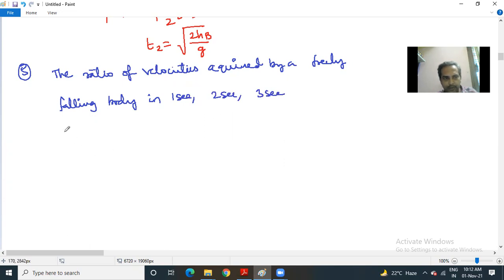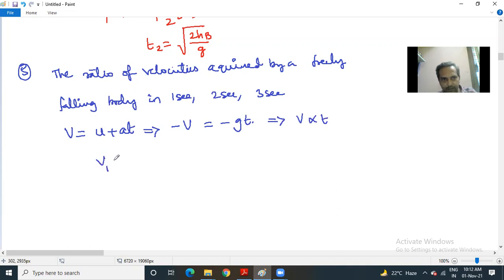So make use of v equal to u plus at. Since it is a freely falling body, u will be 0. v1 is equal to, since moving down v negative, a is anyhow permanently negative, g t1. So it will be v proportional to t.